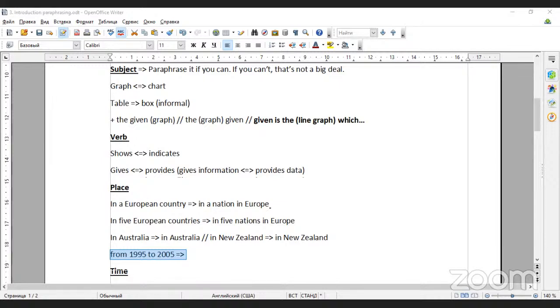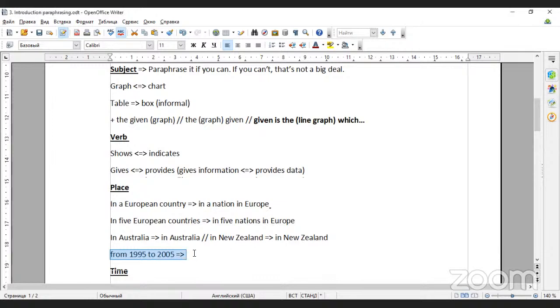Please write this in the chat box. I'll give you some time to write, and then I will tell you my options. You can write it at any time in the chat box.